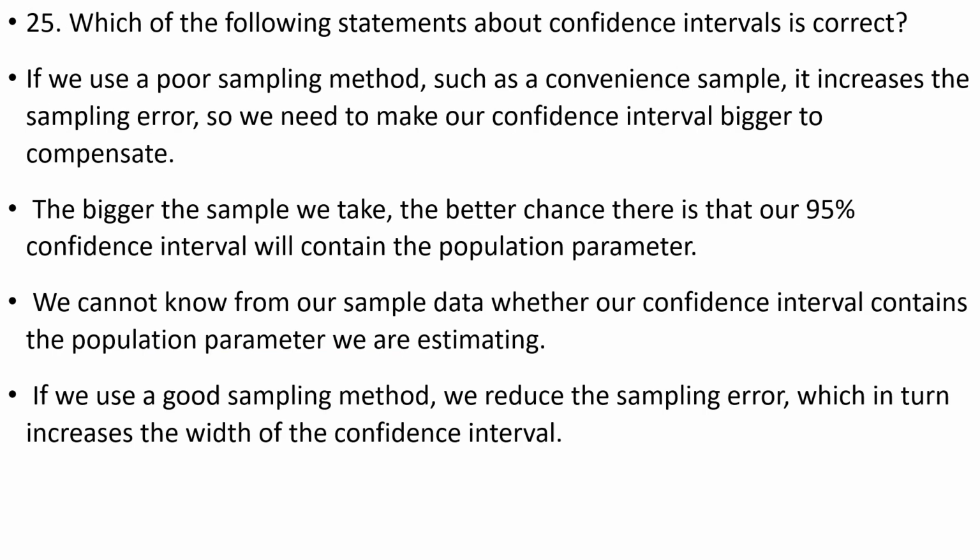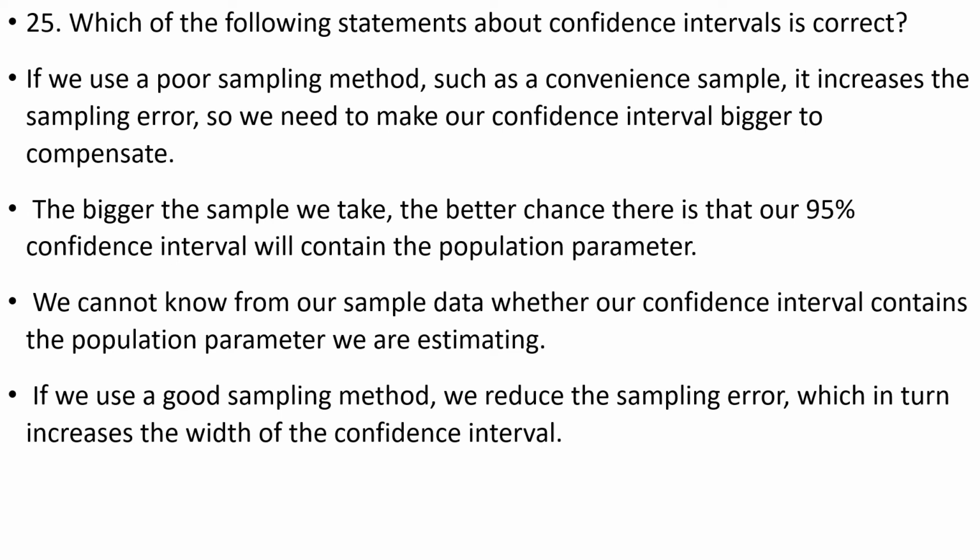Which of the following statements about confidence intervals is correct? If we use a poor sampling method, such as a convenience sample, it increases the sampling error, so we need to make our confidence interval bigger to compensate. The bigger the sample we take, the better chance there is that our 95% confidence interval will contain the population parameter.